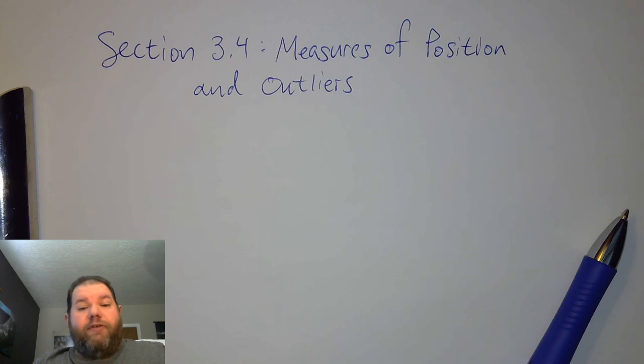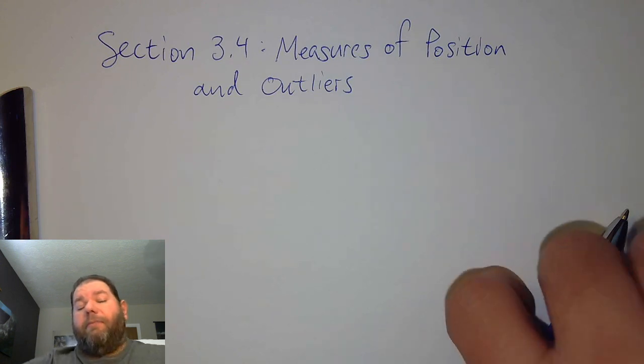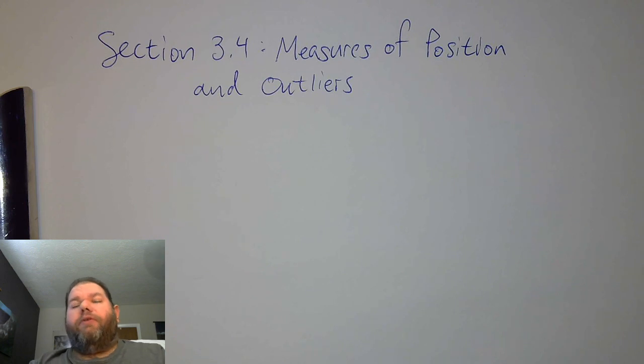Okay, so when we talk about measures of position, the typical way that we express that is with percentiles or quartiles. This is used frequently for small children, like when they're growing.